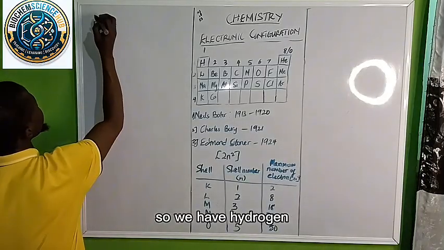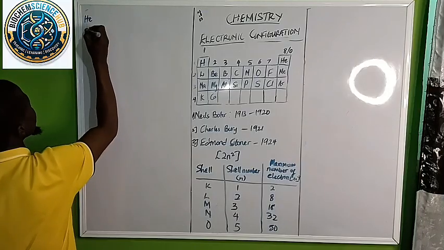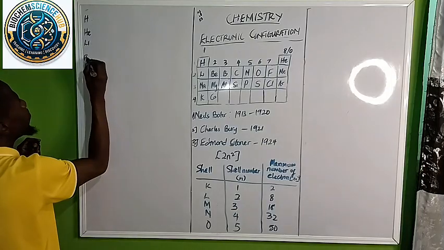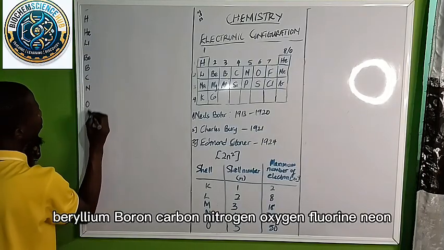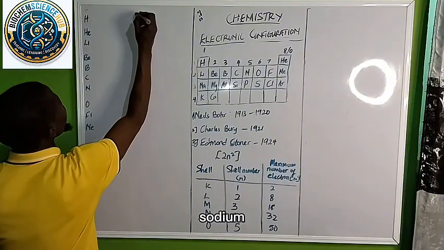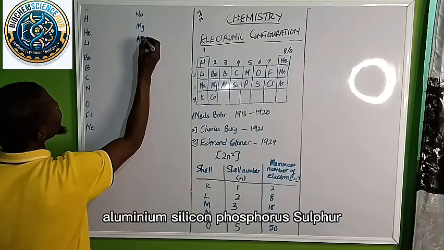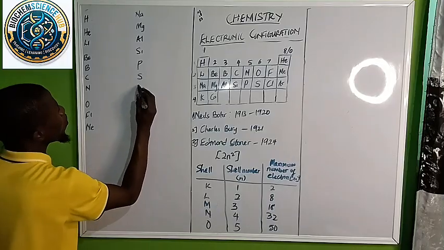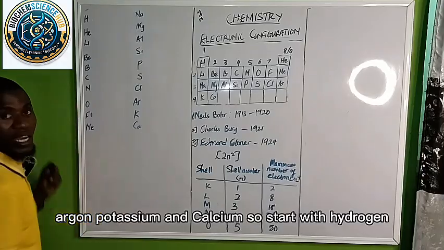So we have hydrogen, helium, lithium, beryllium, boron, carbon, nitrogen, oxygen, fluorine, neon, sodium, magnesium, aluminium, silicon, phosphorus, sulfur, chlorine, argon, potassium, and calcium.